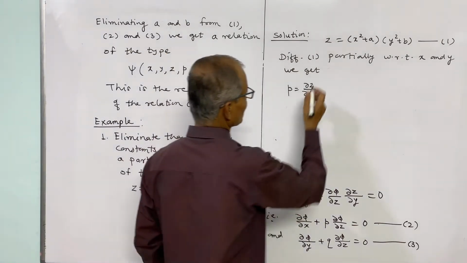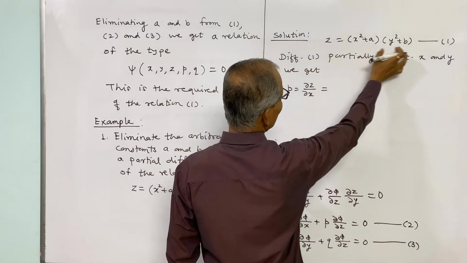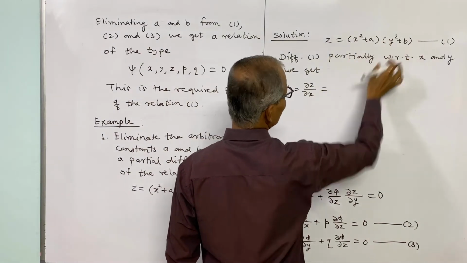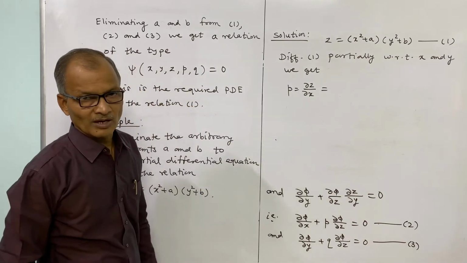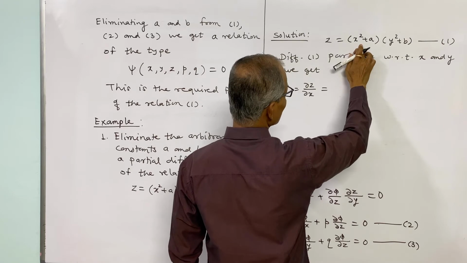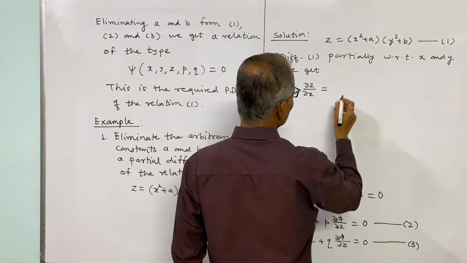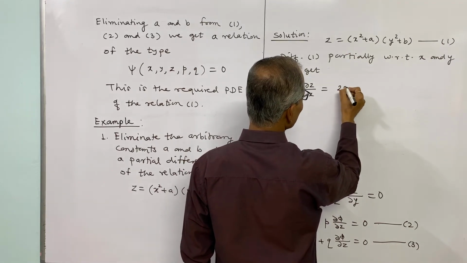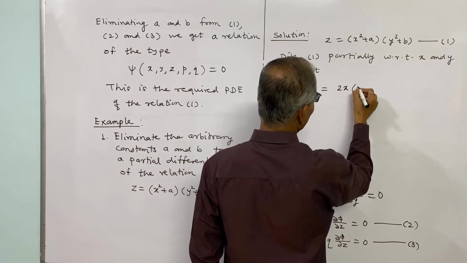P, that is dou z by dou x, is equal to, when we are differentiating with respect to x, y is to be treated as constant and a, b are also constant, so therefore this is a constant, and the derivative of this is 2x. So this will be 2x into y square plus b.